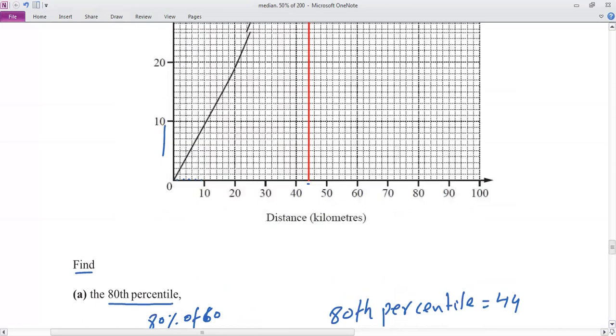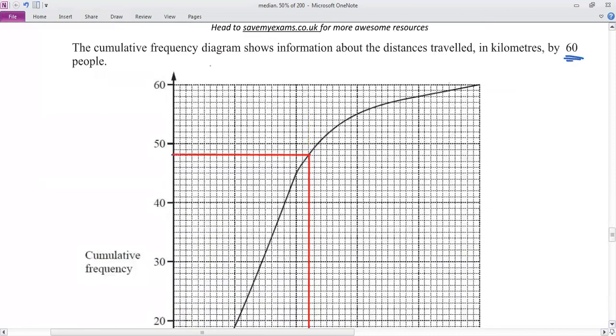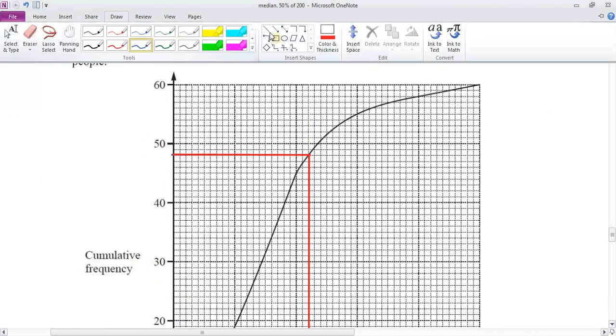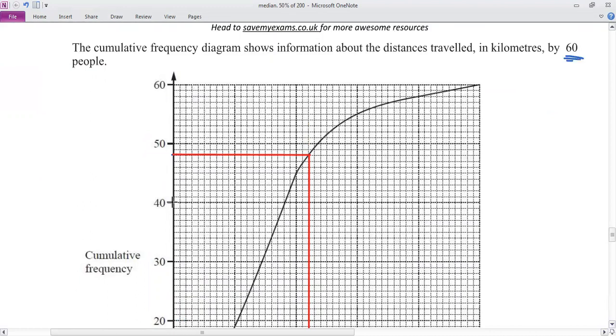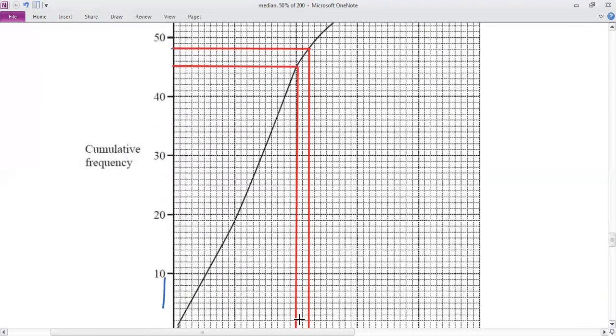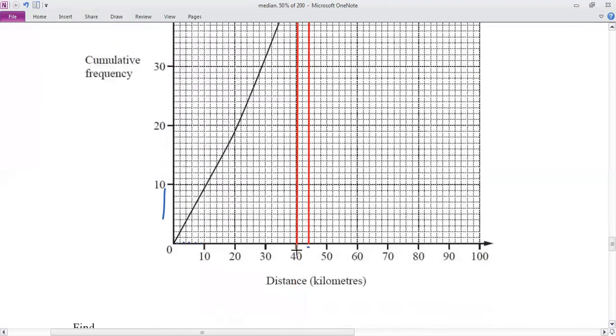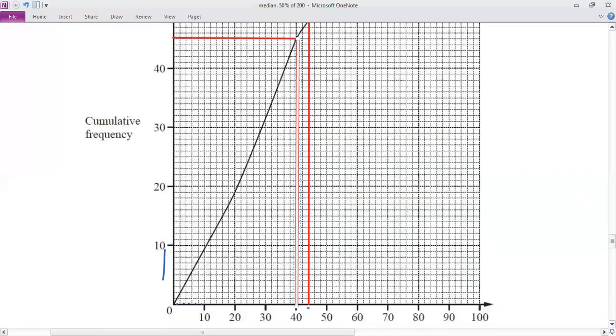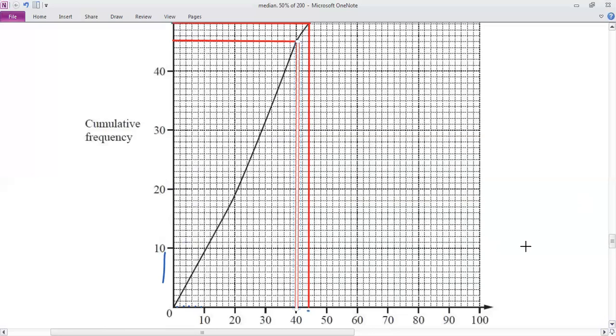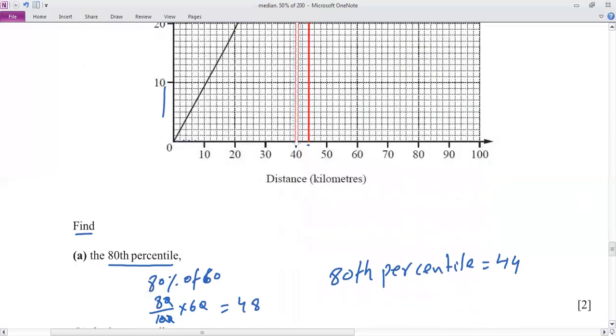So from 45, draw the line which touches the curve. This is 45. Come down to 40. It means Q3 is 40.